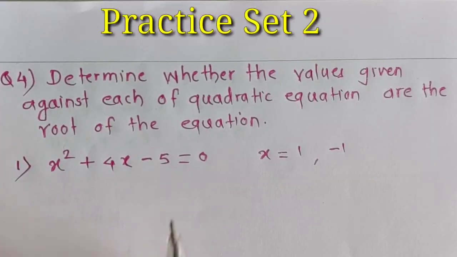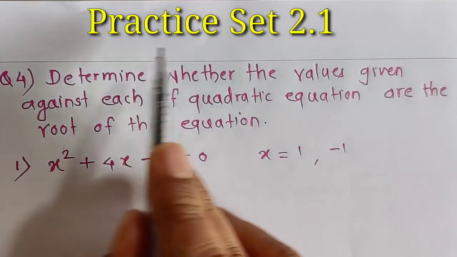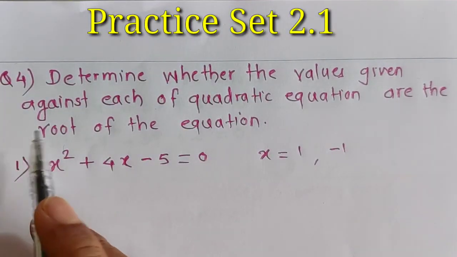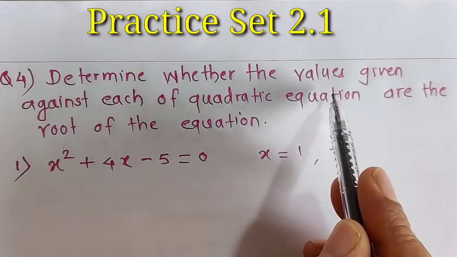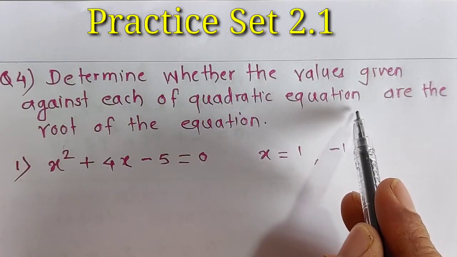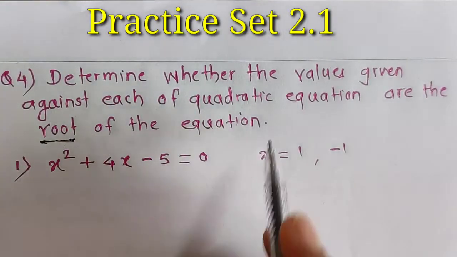Now let us see question number 4 from practice set 2.1. So this is very important. Determine whether the values given against each quadratic equation are the roots, means solutions, of the equation.